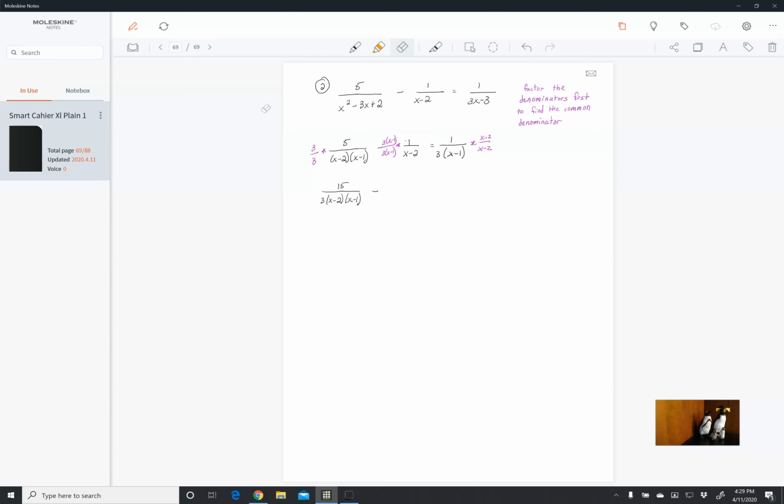Then we have a minus. This, you distribute the 3, it becomes 3x minus 3. And I'm just going to write all of these as 3 times x minus 2 times x minus 1. Remember, it's all multiplication, so it's interchangeable, it's commutative. And then we have equal x minus 2 over 3 times x minus 2 times x minus 1.